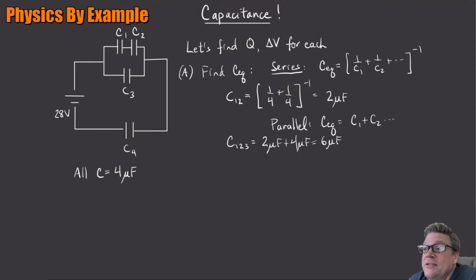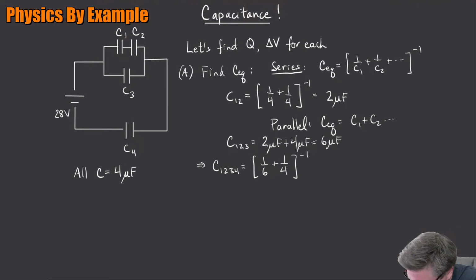And now that's in series with the final one, C4. So then finally, C1234, I'm just going to add those together in series. So that's just going to be 1 over 6 plus 1 over 4. I'm leaving off the microfarads because we're going to throw that in at the end. Minus 1. A sixth and a fourth.